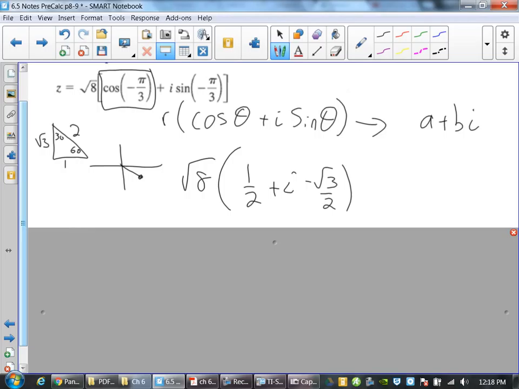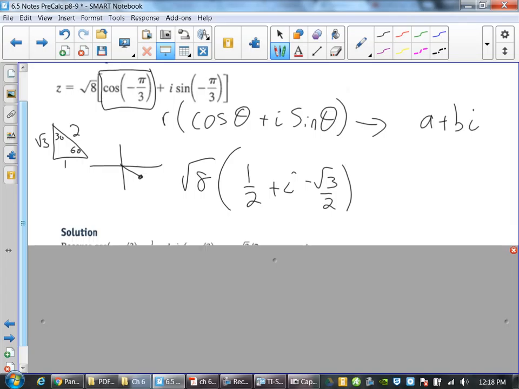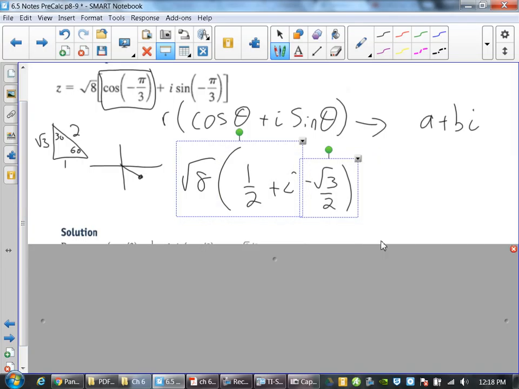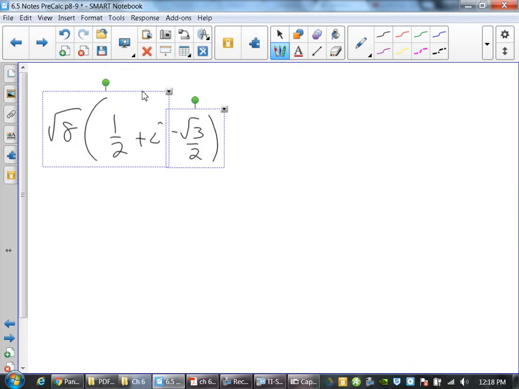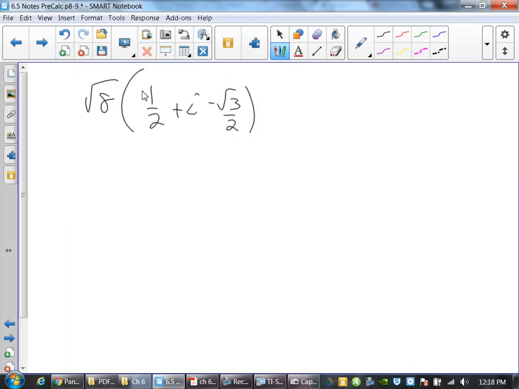Everybody with me so far? What's the square root of 8? 2 root 2. And then I have times the quantity 1/2, and I'm going to write it as minus i root 3 over 2.